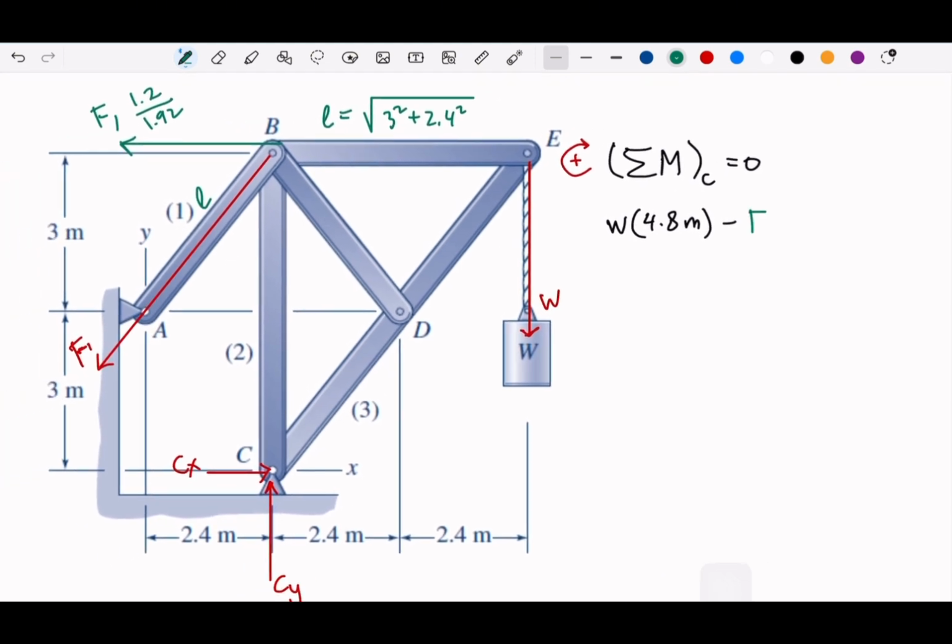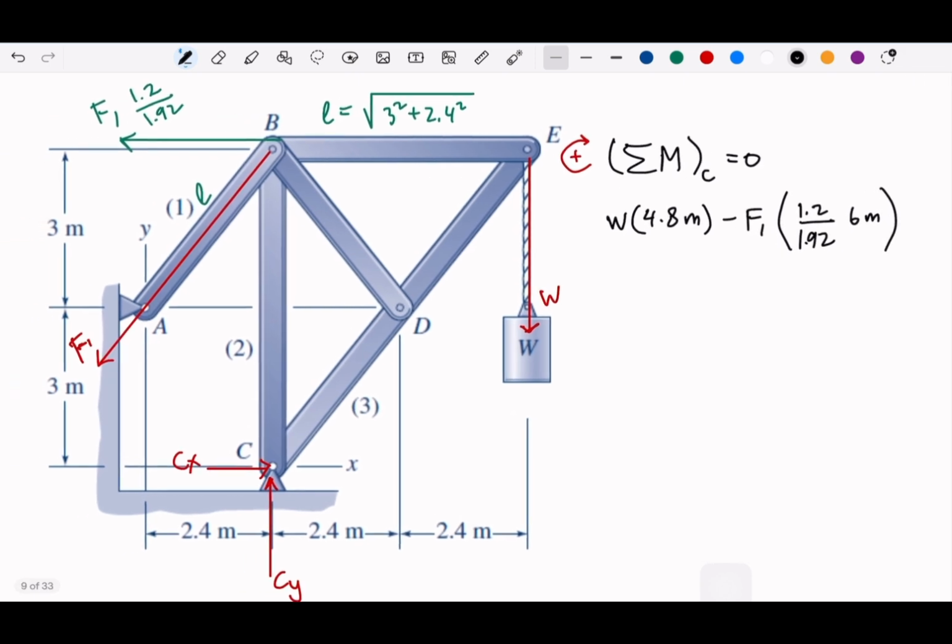So this will be F1 times 1.2 over 1.92 times 6 meter. Okay, this is equal to 0.